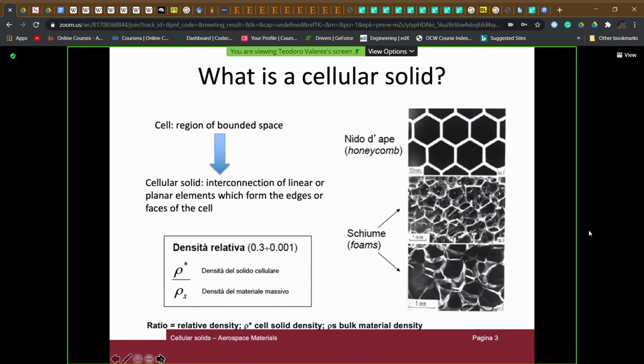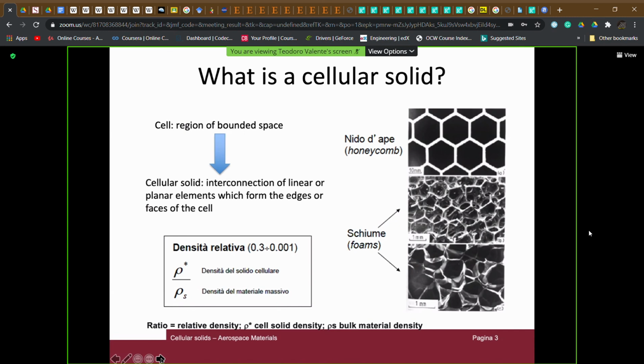And then with the example of the egg, materials which are able, if compared to bulk material, to store relevant quantities of energy even under impact conditions. These are two important points which characterize the cellular solids.